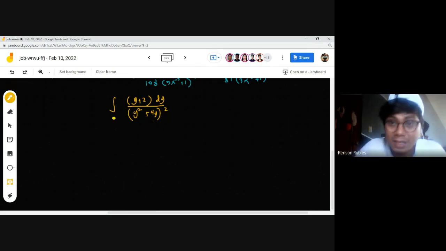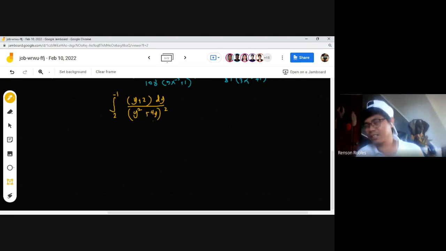Let's experiment. What if mas malaki yung lower limit to the upper limit than the upper limit? Sorry. Say this is 2 and this is -1. Could that be possible? All right, sige, let's see. Regardless whether that would be large, okay lang, sige.